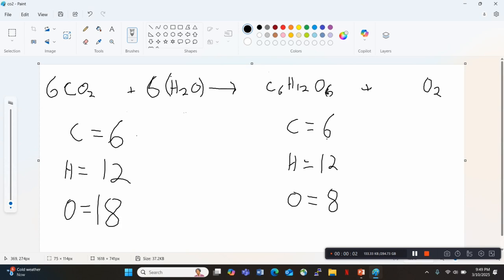So the subsequent deficiency of oxygen atoms can be rectified by multiplying our diatomic oxygen on the right-hand side of the equation by 6, in which case the number of oxygen atoms on the right-hand side of the equation goes from 8 to 18 as well. So this equation is now balanced.